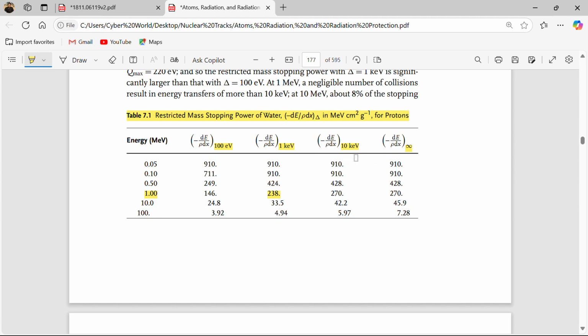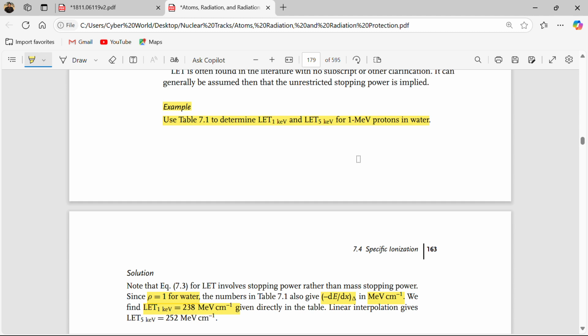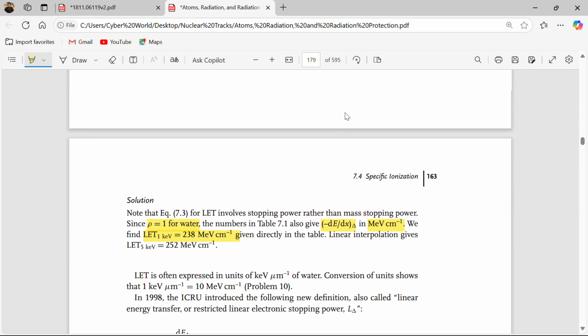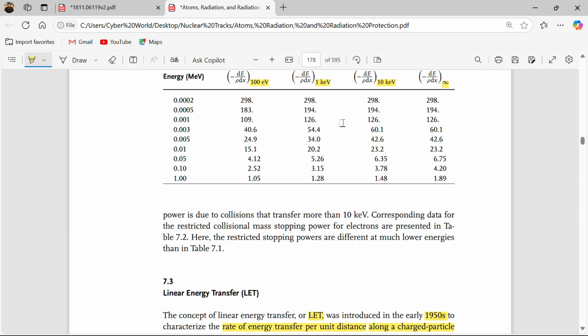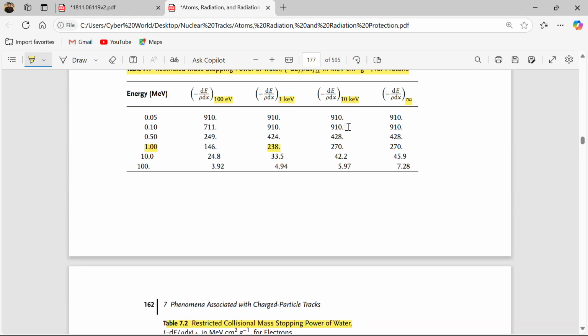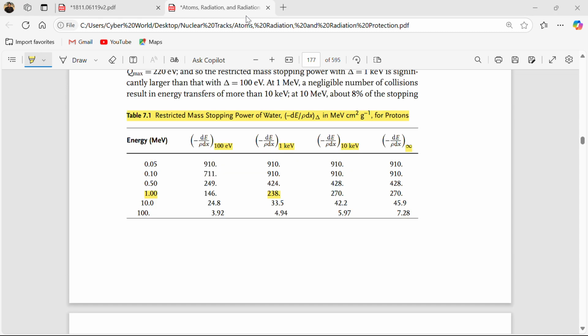For 5 keV, we have 1, we have 10, but we don't have the value for 5 keV. Here is 270, here is 238, and we need an in-between value.